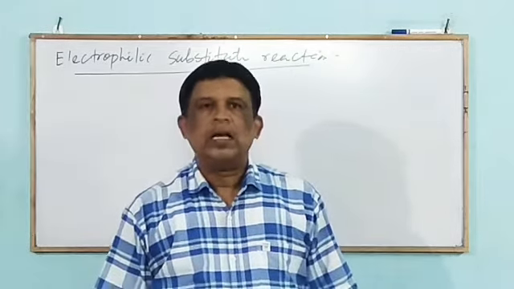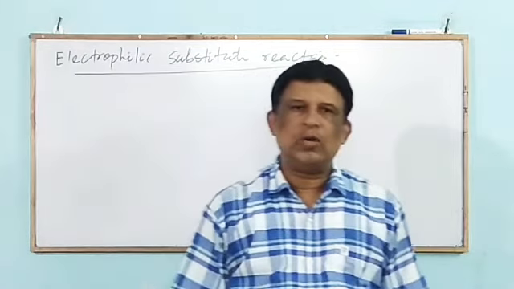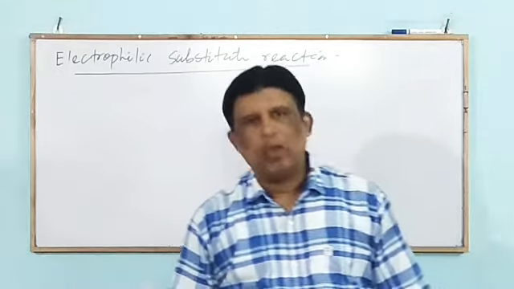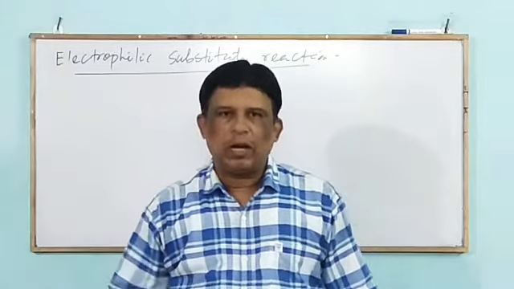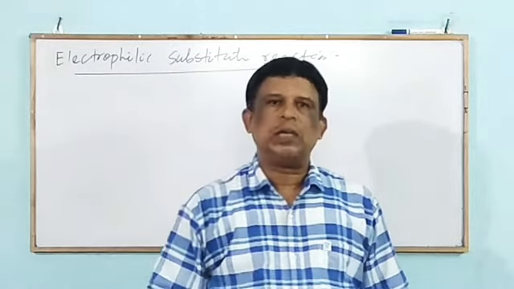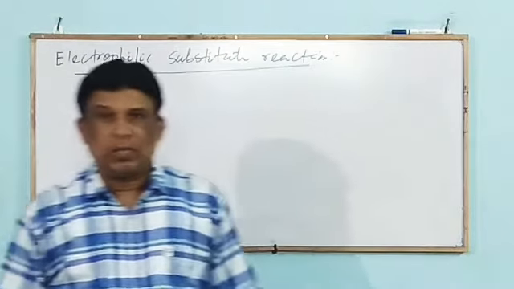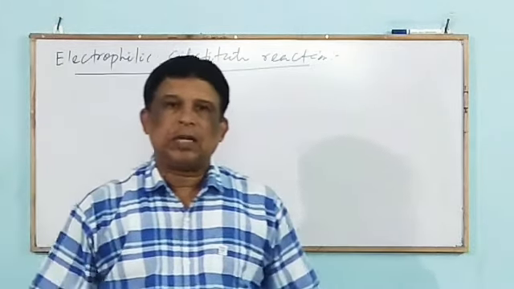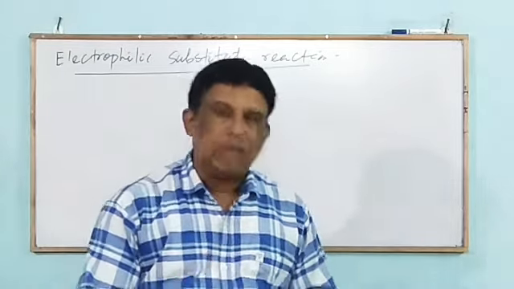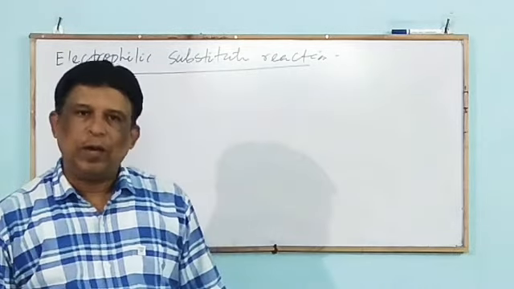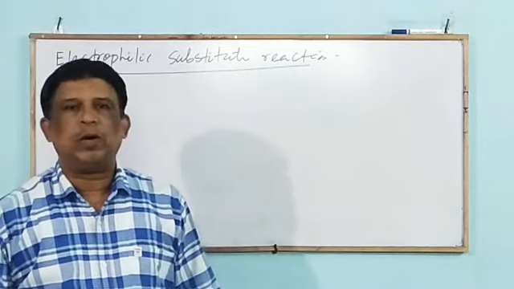We know that the acyl group, CH3CO group, is an electron withdrawing group and withdraws the lone pair of electrons from the nitrogen of the amine. As a result, excessive electron density is not available on the nitrogen atom of aniline.